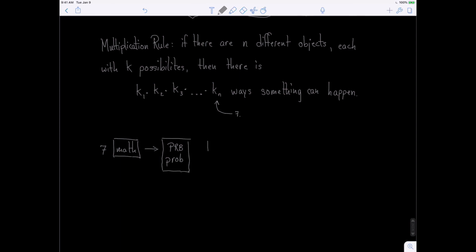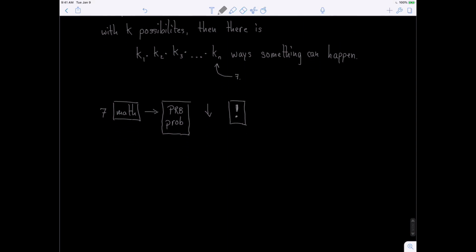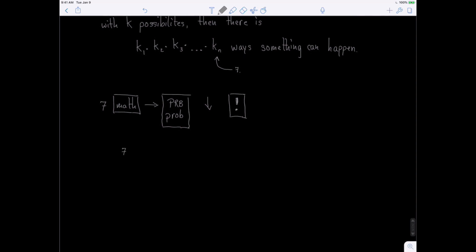And then if you scroll down, you'll see an exclamation mark down below. So scroll down to that and press enter. And now it'll take you back to your screen, and on your screen you're going to see 7 exclamation mark, and then just type enter again. And it should give you 5,040 different ways to organize your books on the shelf.